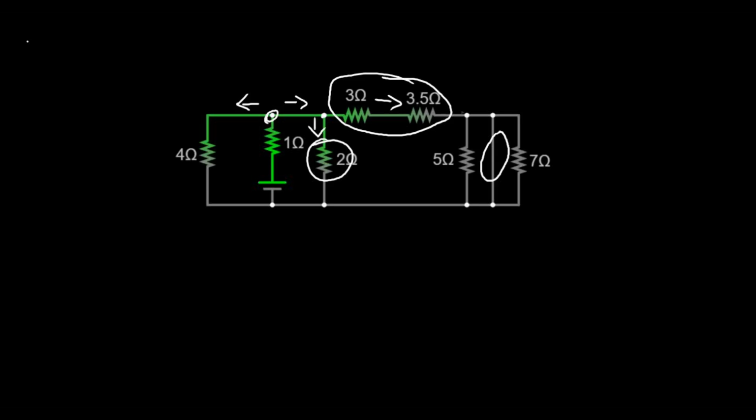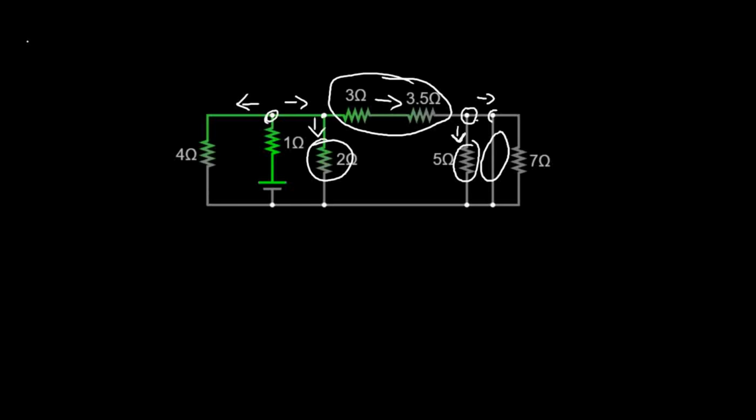When the current gets to this node, it also has two options, whether to move in this direction or this direction. Looking at this direction, because of this 5 ohms resistor, the current will not move in this direction because it has a free path where there's no resistance. So the current will take this direction.